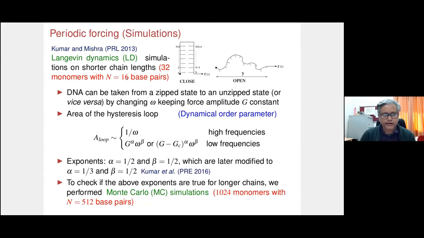Their study showed that the exponents were alpha equal to half and beta equal to half, which they later modified to alpha equal to 1/3 and beta equal to half. As we all know, Langevin dynamics simulations are computationally very expensive, so we cannot go for very large chain lengths.